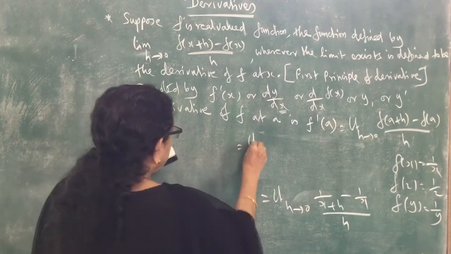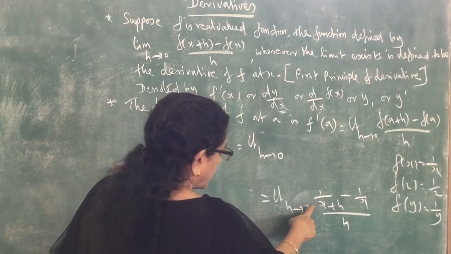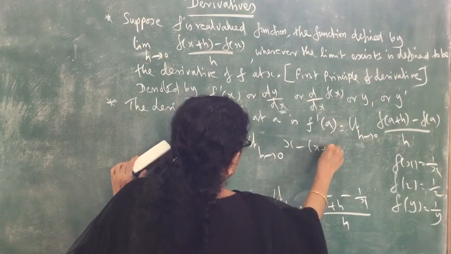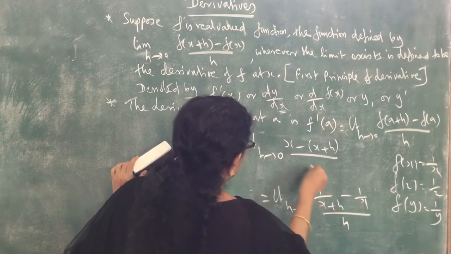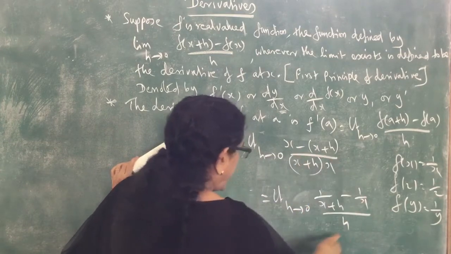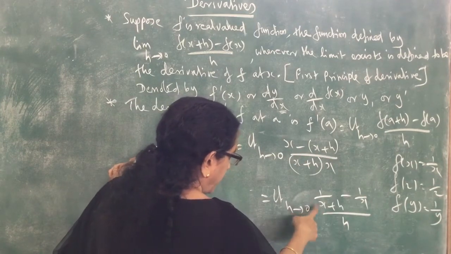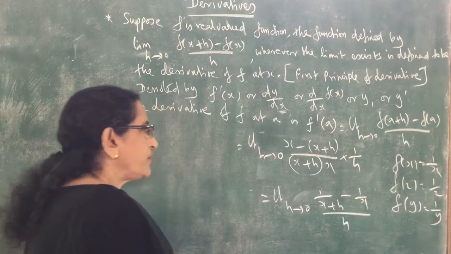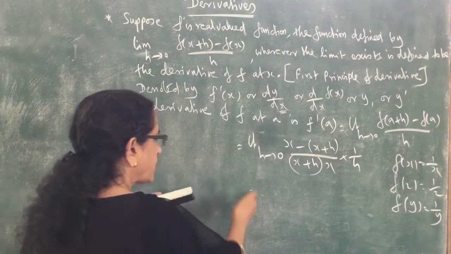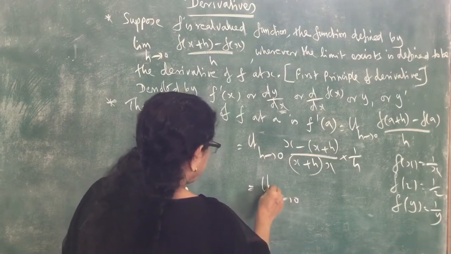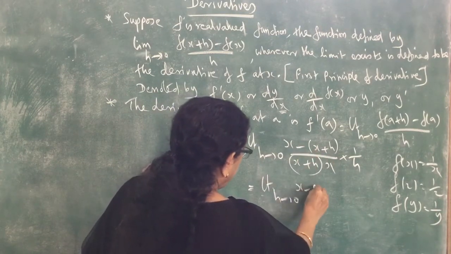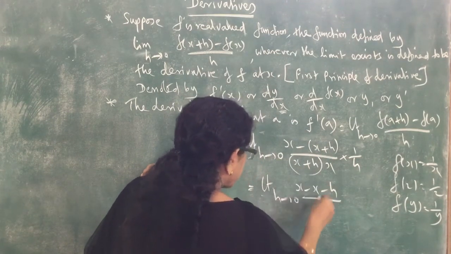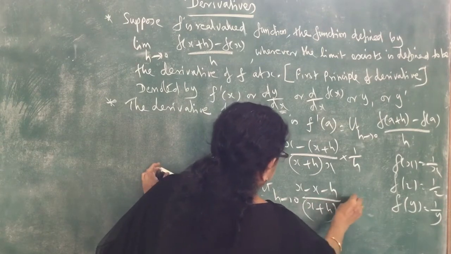So that is equal to limit h tends to 0. Here find the LCM: 1 into x, x minus 1 into x plus h, whole divided by x plus h into x. Then there is 1 by h. Now we can simplify and we can find the limit. So that is equal to limit h tends to 0, here x minus x plus h, open the bracket, x minus x minus h by x plus h into x, into 1 by h.